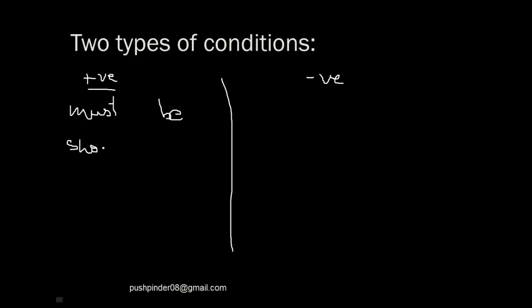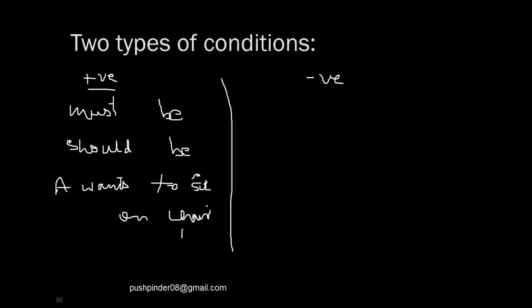Let's suppose 5 boys want to sit on 5 chairs and I say boy A wants to sit on chair number 1. What kind of condition is this? This is a positive condition, right? So if boy A wants to sit on the first chair, that is a positive condition. If he does not want to sit on the first chair, this is a negative condition, right?